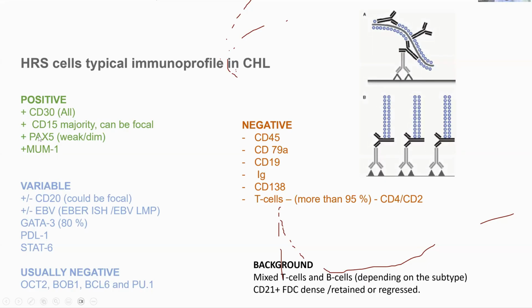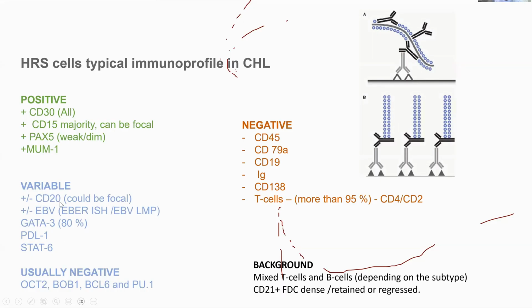And then the added features are PAX5. It's a weak, dim PAX5. PAX5 is a B cell nuclear marker. Weak or dim expression is seen in Hodgkin lymphoma, and this is because, as we said before, it's a diseased or defective B cell neoplasm. So these B cells will be weaker to express B cell markers, and that's why we have variable expression of multiple B cell markers.